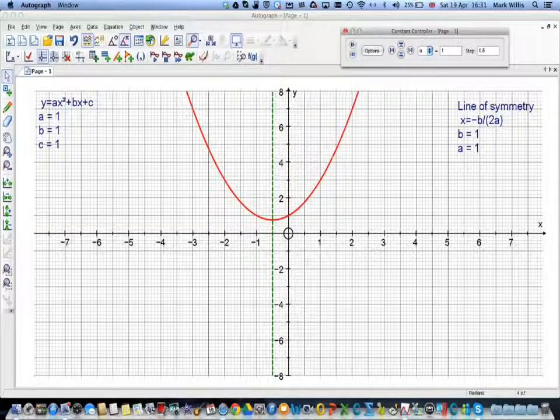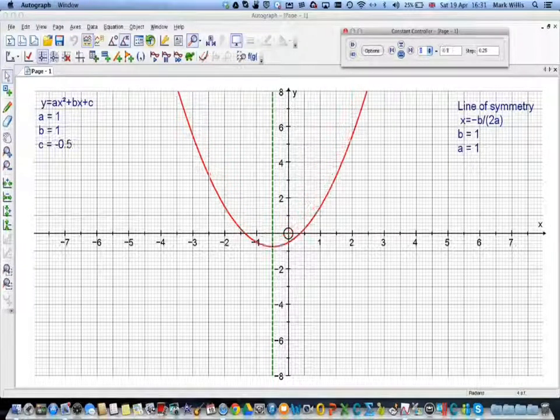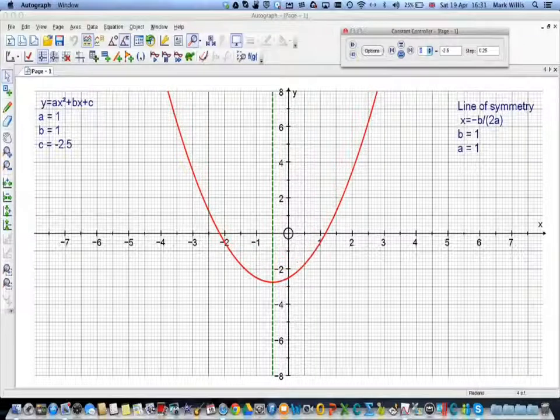If we now go down to c, and I'll change this one to 0.25 in this case, we can see in this particular case, if I try to solve, let's just move it down to here.